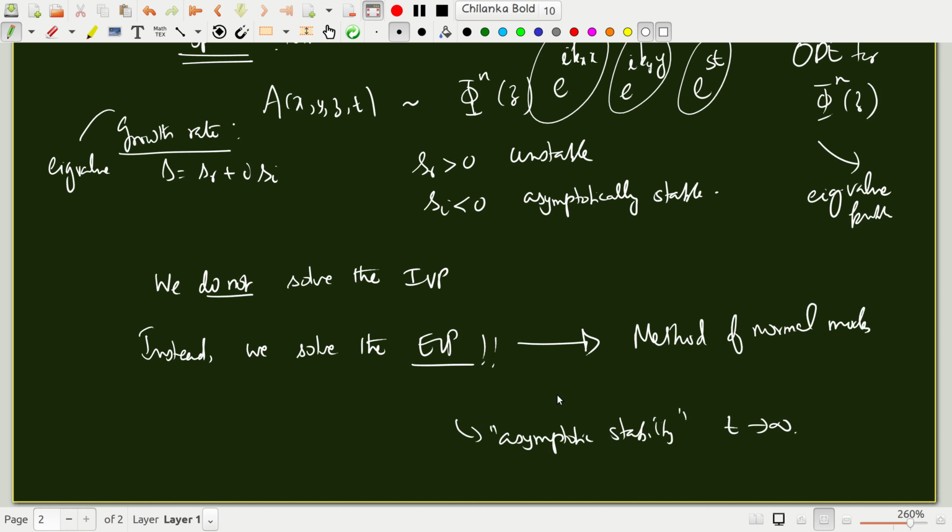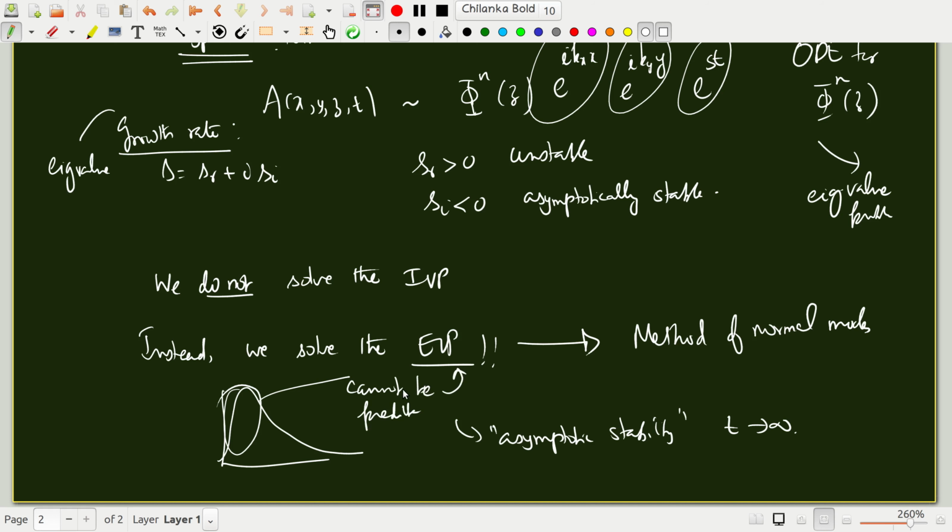Therefore this eigenvalue approach will not tell you whether there is transient growth and eventual decay, if all the modes are stable. This transient growth cannot be predicted using the eigenvalue approach.